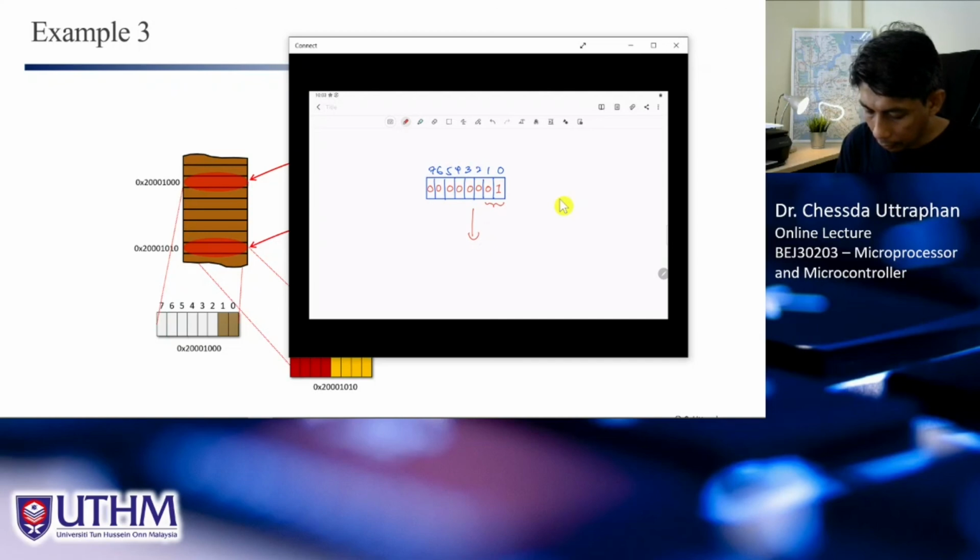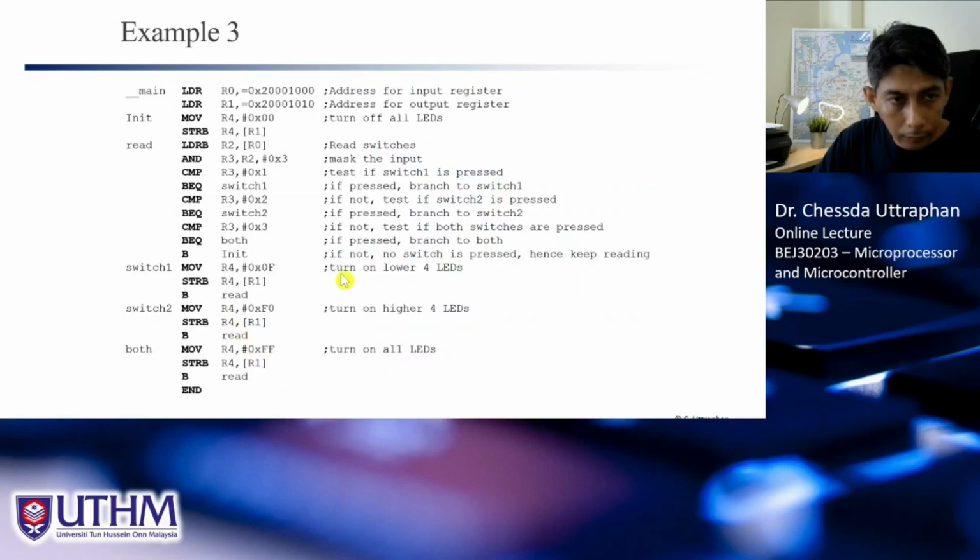This is how we get the value into the microprocessor. We load, and we use R2. R0 is the input, remember? We load the value at the address pointed to by R0 into R2. Now R2 is the switch condition. And we need to do this: AND R2 with 3. What is this? This is called the masking process.